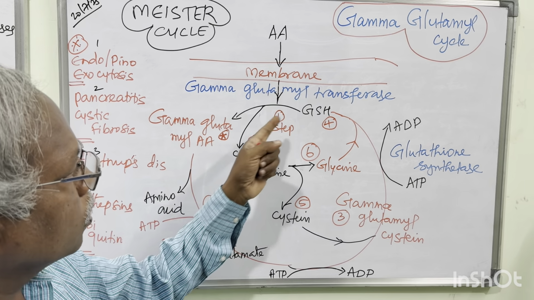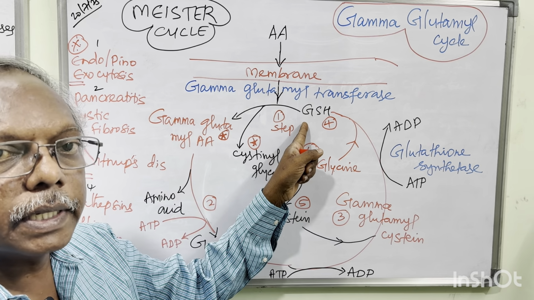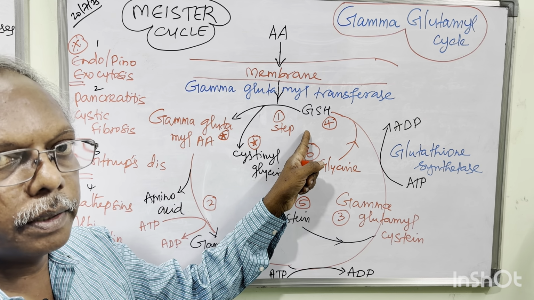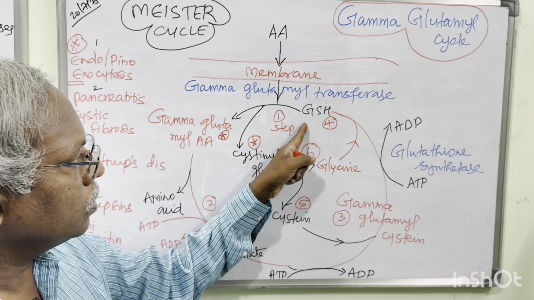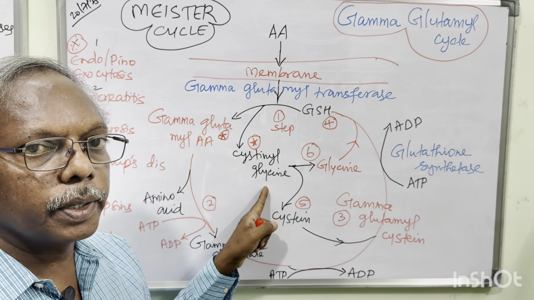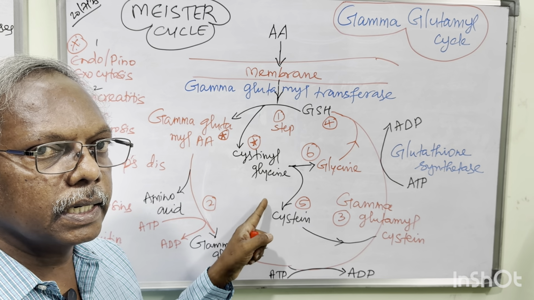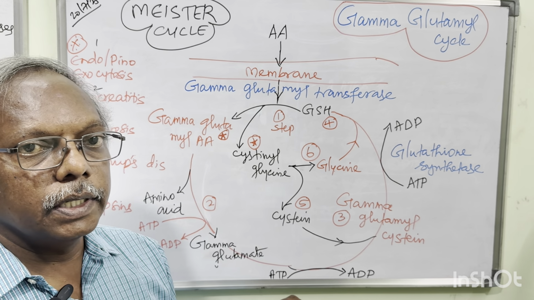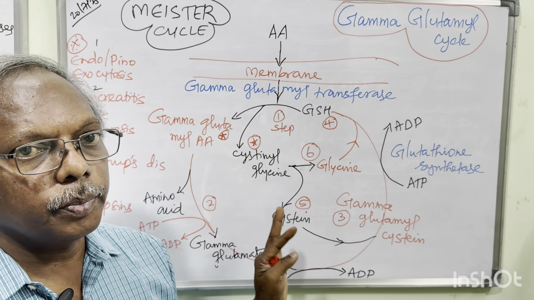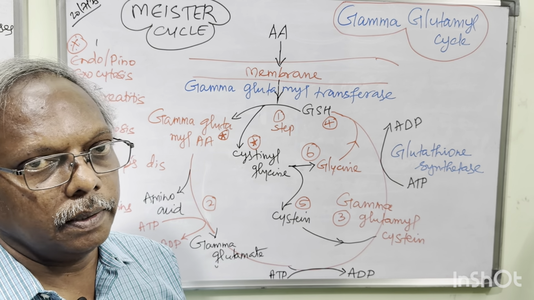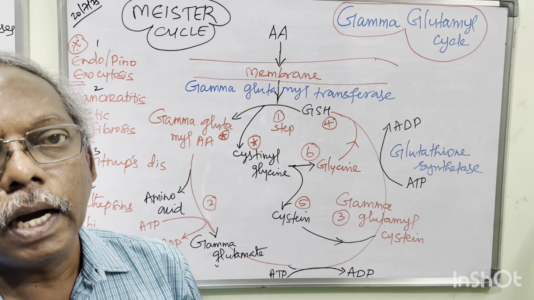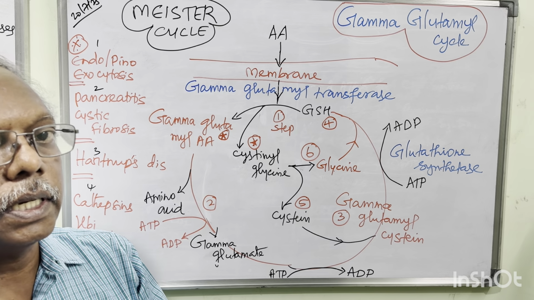So glutathione is the very important initial component for the absorption of digested protein. The second important compound for this pathway is cysteine glycine, because it will be dissociated into cysteine and glycine. Both are very important compounds for amino acid absorption. So these are all the points for the absorption of proteins or amino acids.